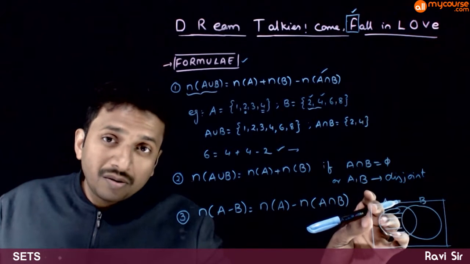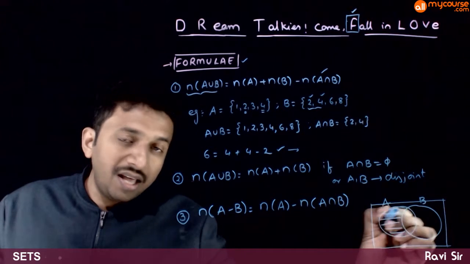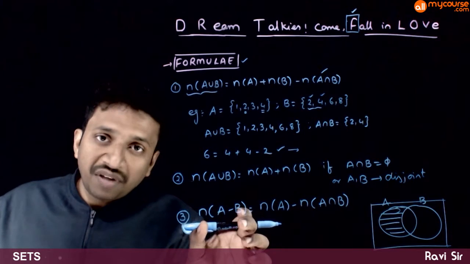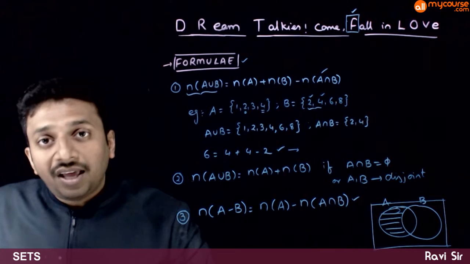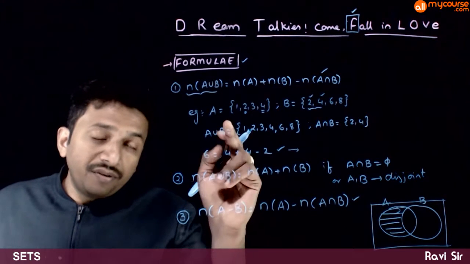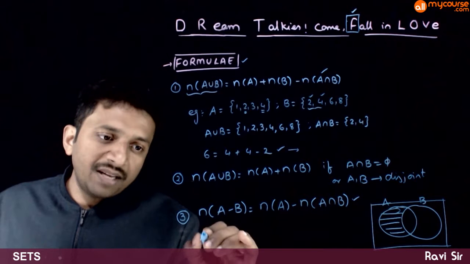So here, what are you doing? This is nothing but the total region A minus the common part. So n of A minus B is n of A minus n of A intersection B. Right? So you can observe this condition from this also. What is n of A minus B?